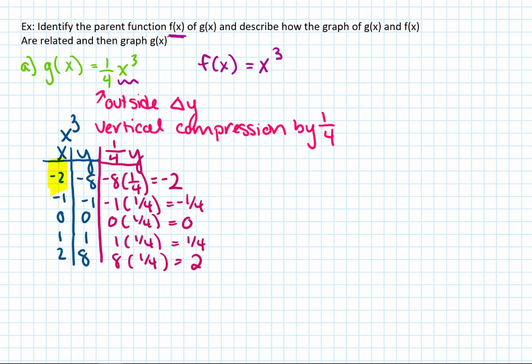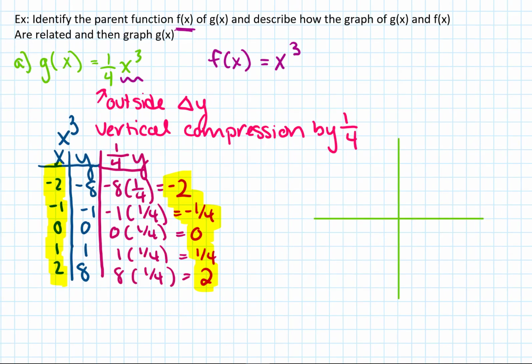Now I'm going to graph my original x's because we don't have any changes, and our new y values. So I have -2, -2, -1, -1/4, 0, 0, 1, 1/4, and 2, 2.